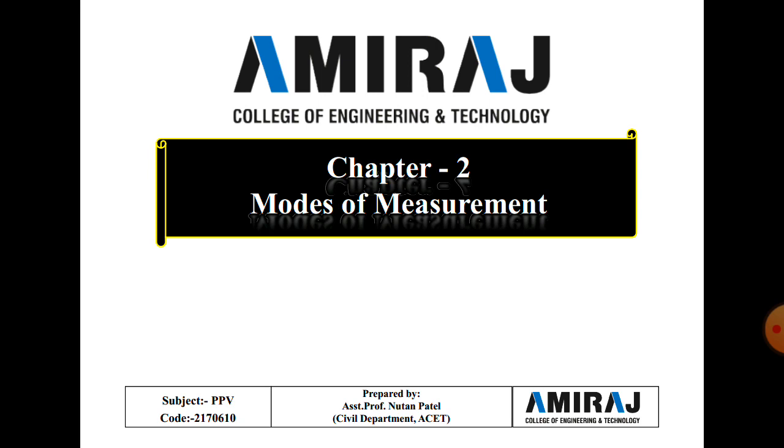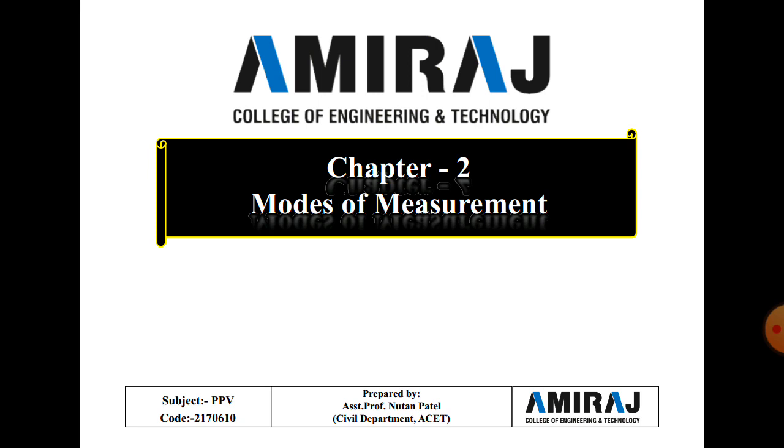Today we discuss chapter number 2, modes of measurement. In modes of measurement we discuss the measurement of different works: first painting, second stone masonry, third steel and iron work, and fourth road work.